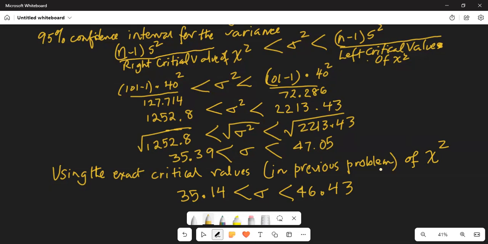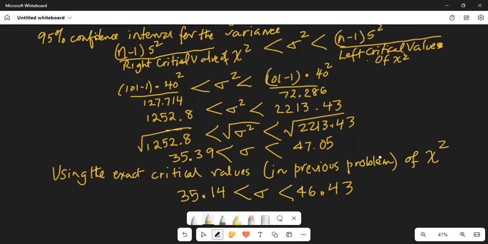In that case, if we use the approximated critical values using the normal distribution, the 95% confidence interval is fairly close to the actual 95% confidence interval calculated using the exact critical values of chi-square. So this is the message.